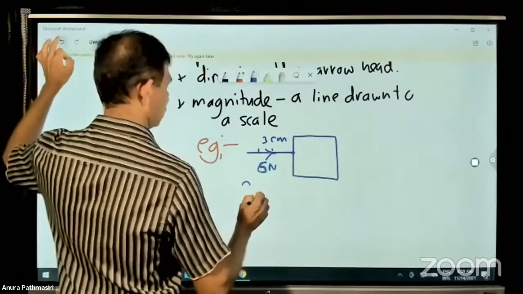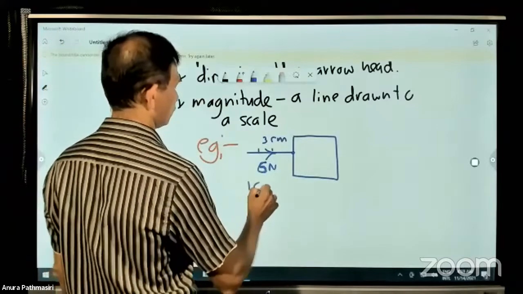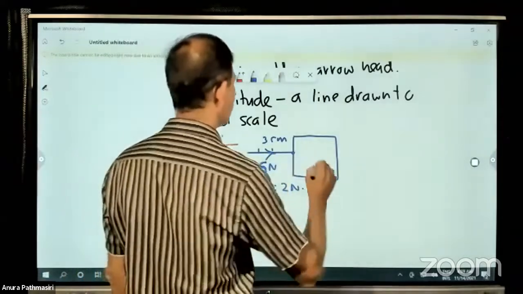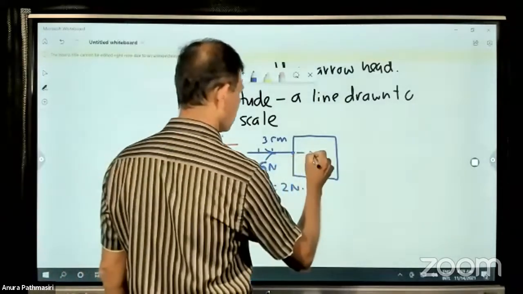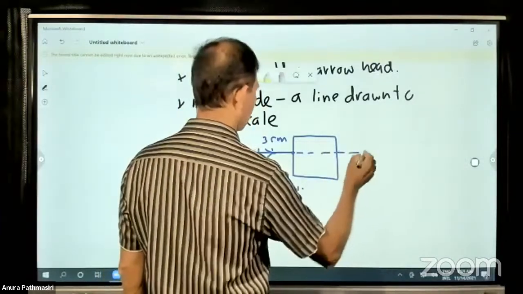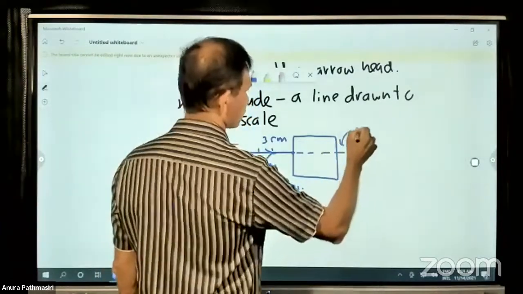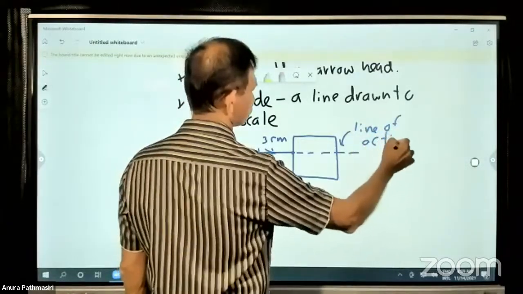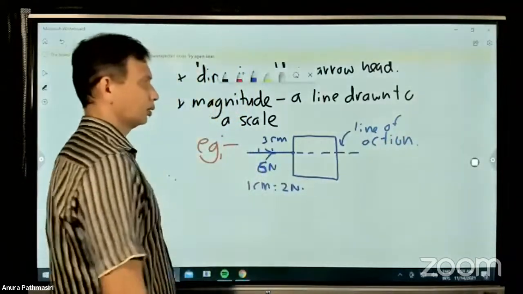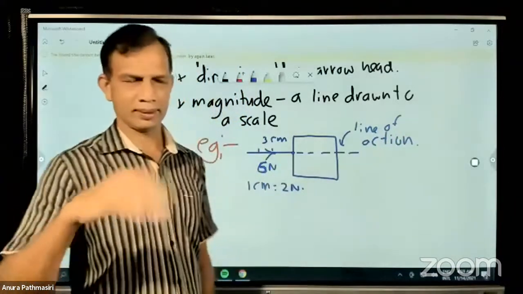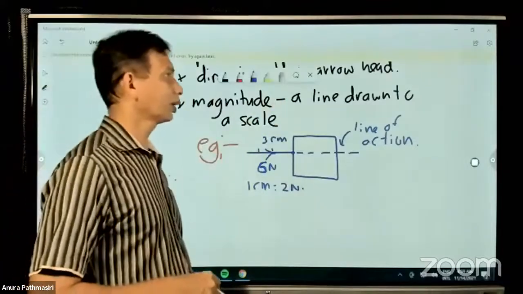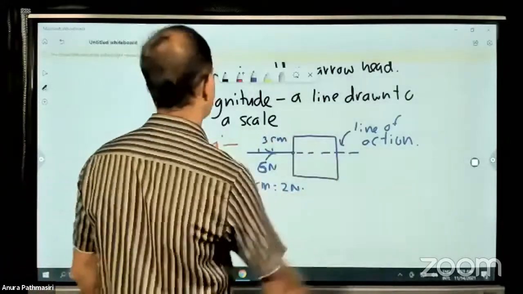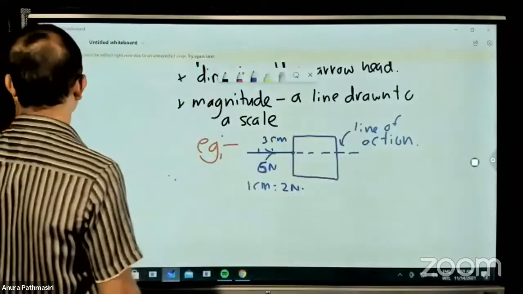And this is the line of action, not in your syllabus. This is all that you learn in lower grade classes, like grade 8, 9, magnitude, right?